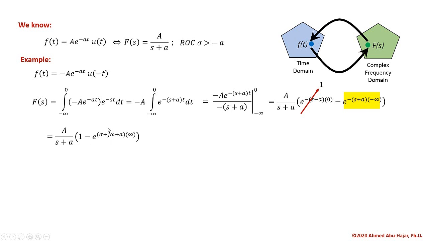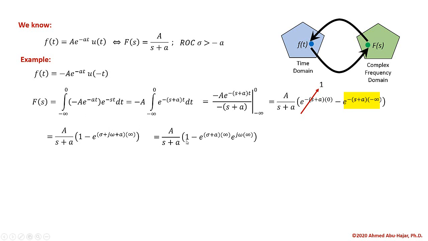I replaced s with sigma plus j omega. Now I'm going to break the real part terms together and the imaginary terms together, and break this addition of the exponents into two functions multiplied. So this will equal a over s plus a, the same.